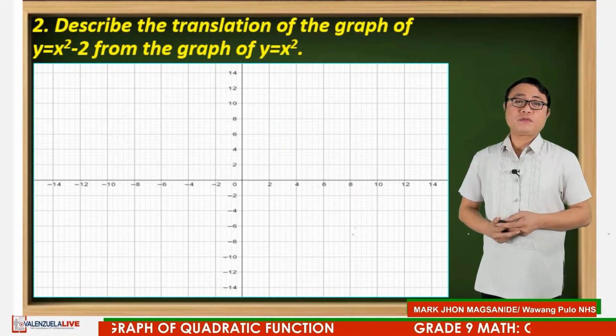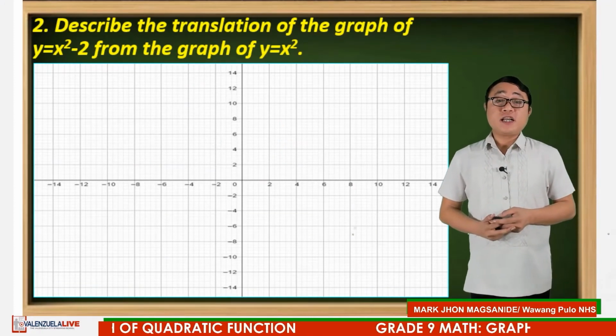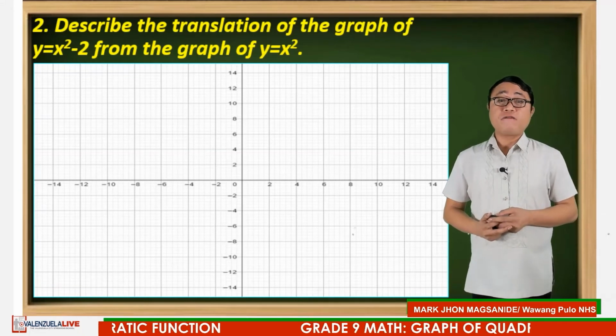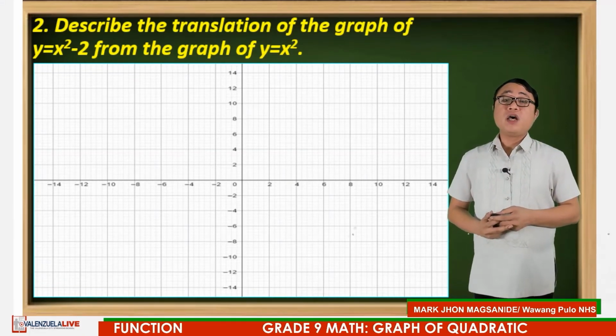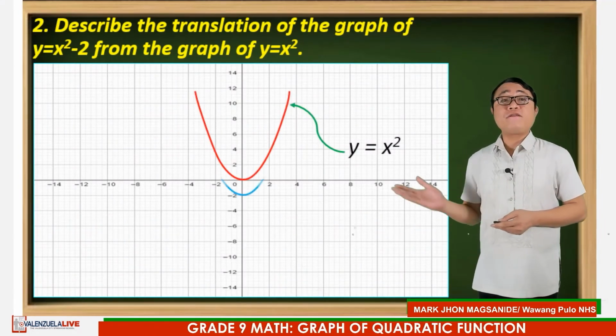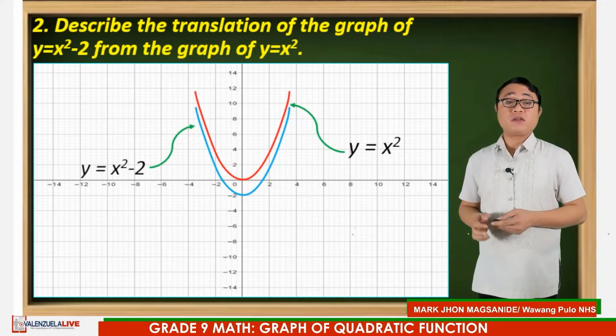Number 2. Describe the translation of the graph of y equals x squared minus 2 from the graph of y equals x squared. Showing the graph of y equals x squared and the graph of y equals x squared minus 2.